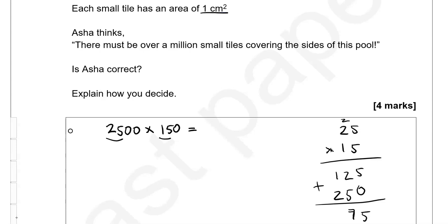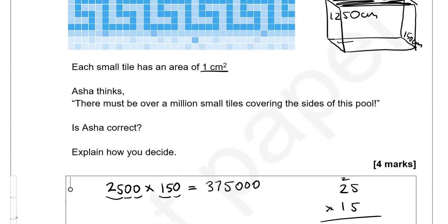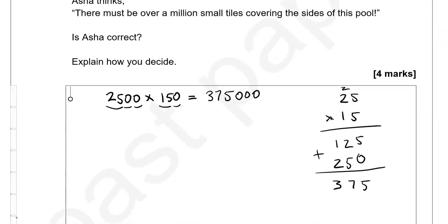Adding them together, 375, and we add the zeros that are left, so we've got 3 zeros. There are 2 sides which are identical, so that's this one as well, which would have the same area. So we're going to add another lot of this.